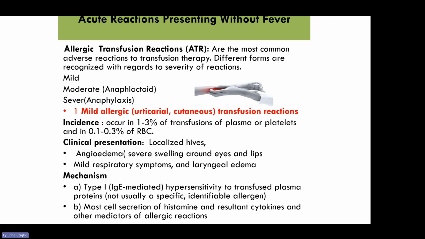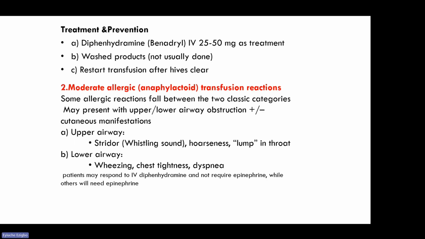The mechanism of this mild allergic transfusion reaction is a type I hypersensitivity to transfused plasma proteins, with mast cell secretion of histamine and resultant cytokines and other mediators of allergic reactions. Treatment can be with some drugs, and you can also wash the products and restart the transfusion after the hives have cleared.